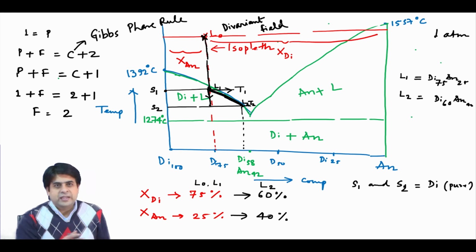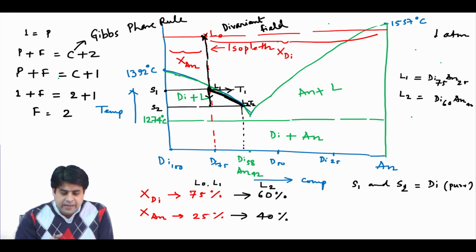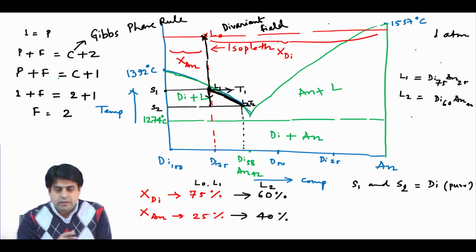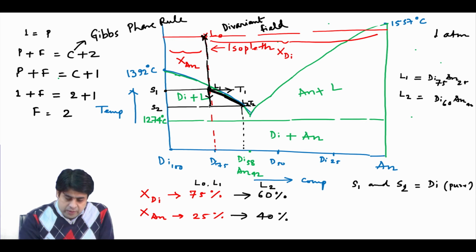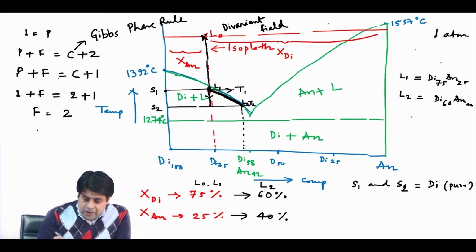So, your liquid can have any temperature and composition, they can vary. Okay. So, temperature and composition can vary. Okay. Similarly, you can calculate at this point, at L1, you have 2 phases. So, at L1 the number of phases is 2.